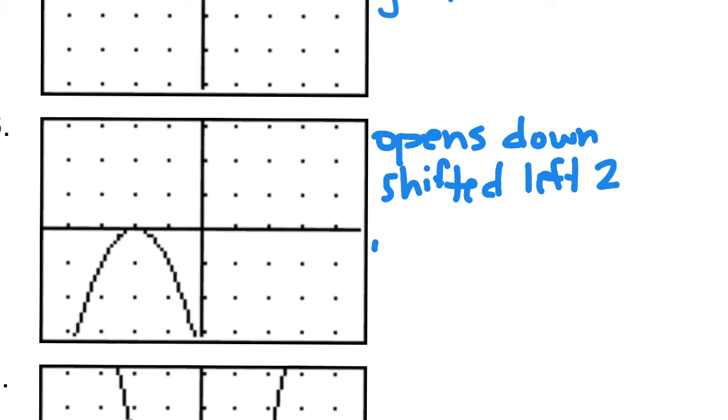So since we're opening down, we know we're going to have y equals, and that coefficient in front of the x squared is going to be negative. However, because it shifted left, we're going to have x inside the parentheses. It shifted left, so that's plus 2. And then the squared will be outside of the parentheses.